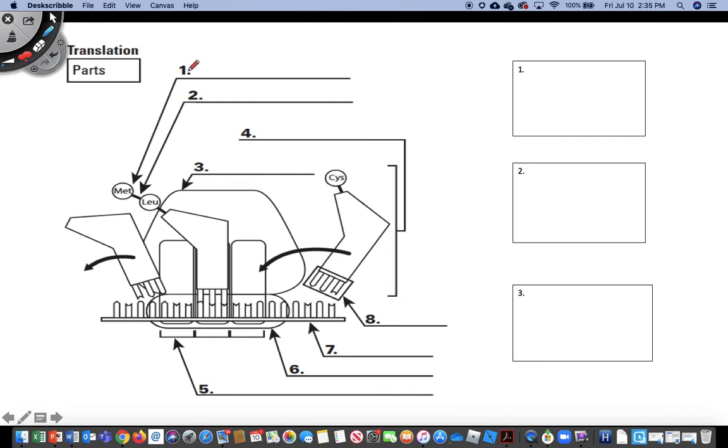So here we see number 1 is pointing to the actual amino acid. So this is the amino acid that is helping the protein chain grow, right? So as tRNA comes in and adds amino acids, this chain of amino acids, or this polypeptide chain, is going to grow, forming a very, very long protein.